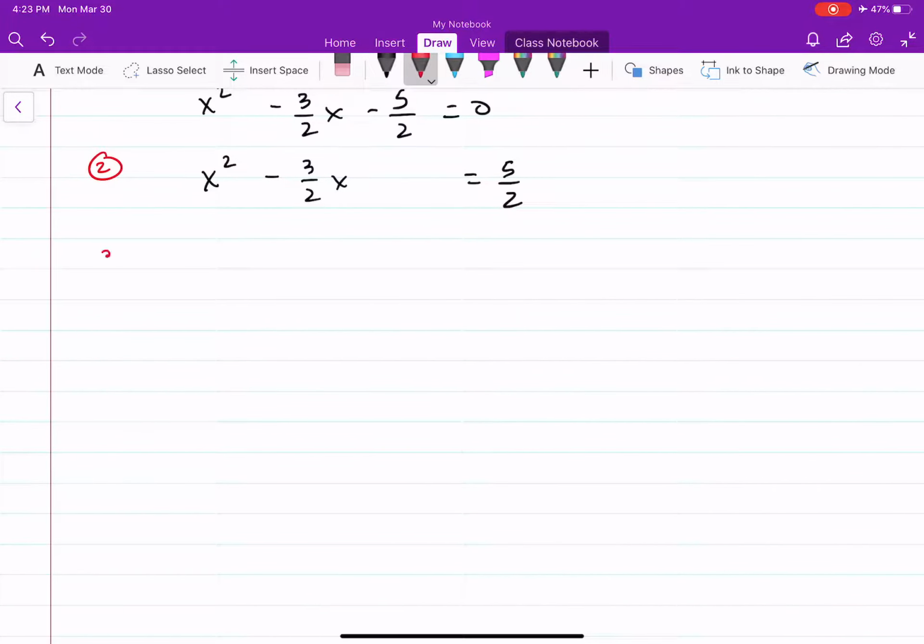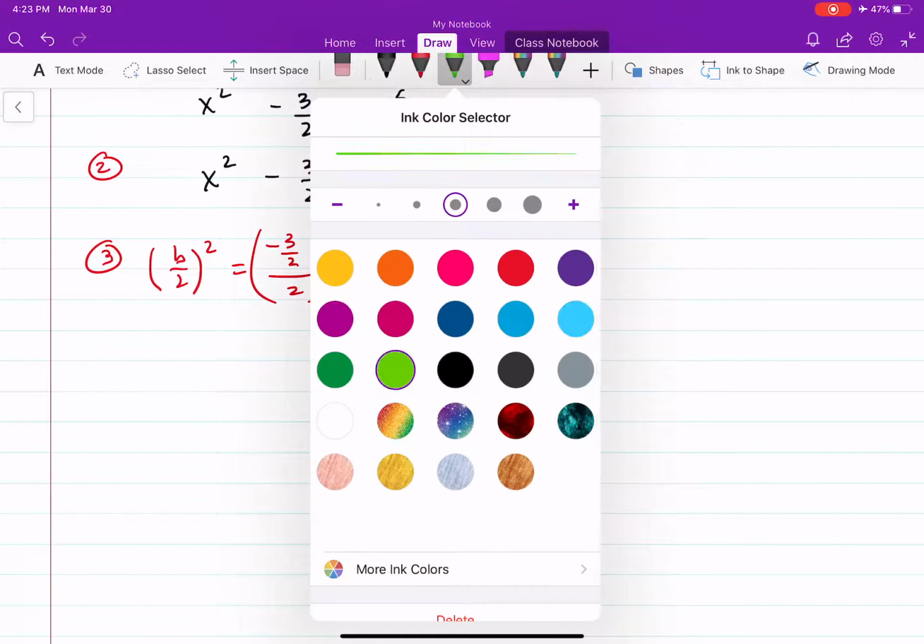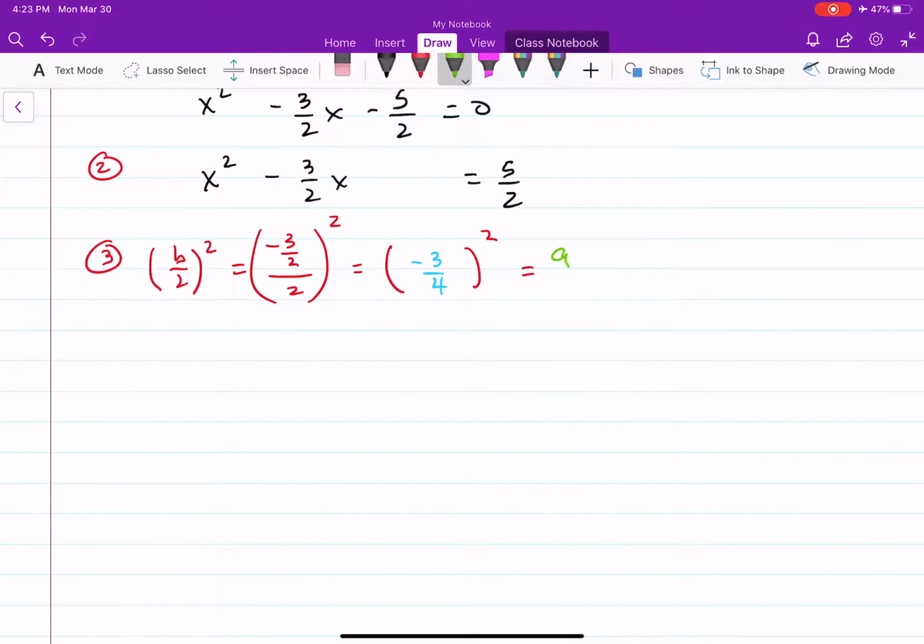Step 3, I got to find a new c. So I have b divided by 2 squared, which is equal to negative 3 halves divided by 2 squared. Let's try that again. It's going to be negative 3/4 squared, which is equal to 9 over 16.